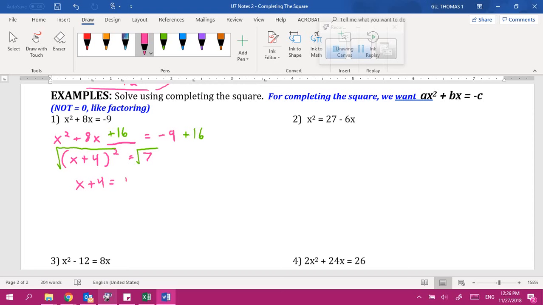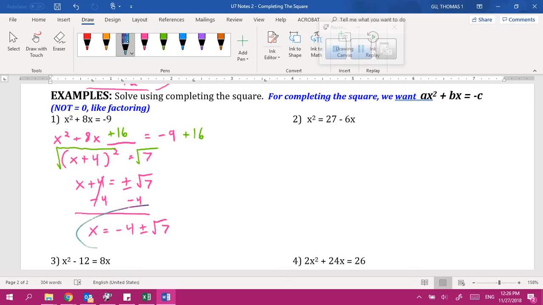That's right, plus or minus the square root of 7. Okay? And so now just one more step here. What do we need to do to solve for x? Subtract 4. So my final answer should be x equals negative 4 plus or minus the square root of 7. That's right. There you go.